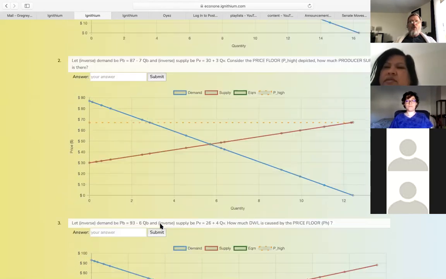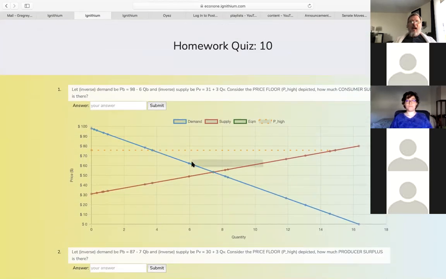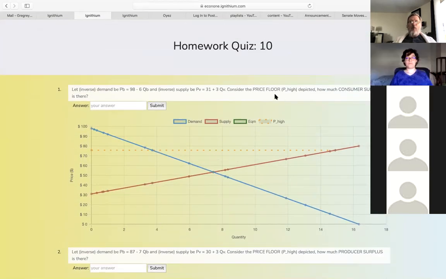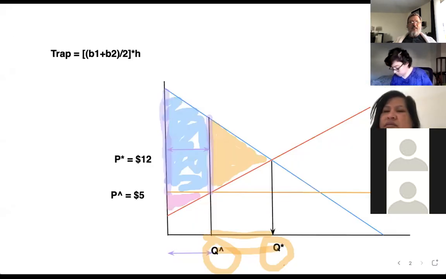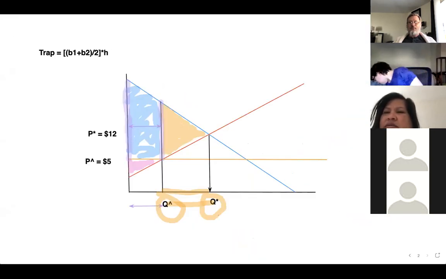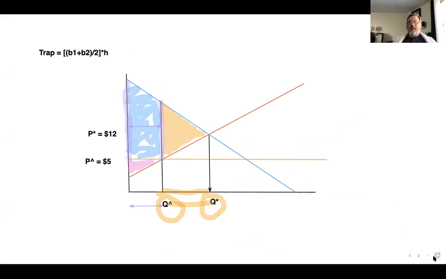Okay, so the graphs for the price floors look pretty good. I didn't do a price floor example, but I'll do one for you guys really quickly. So I'm going to go back to the whiteboard, and you can see the whiteboard, right? Yeah, okay.